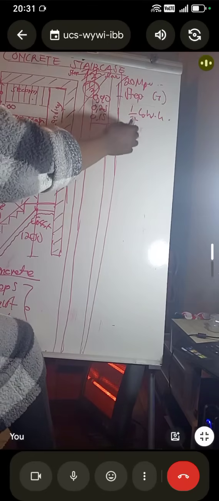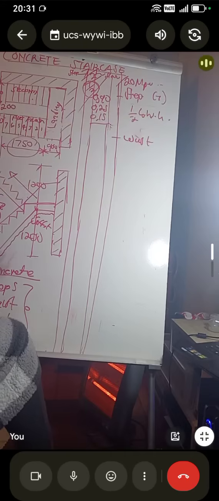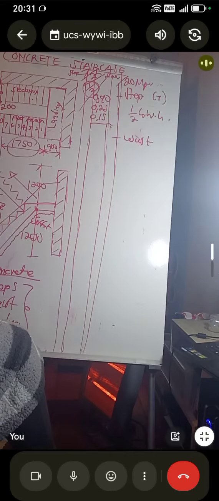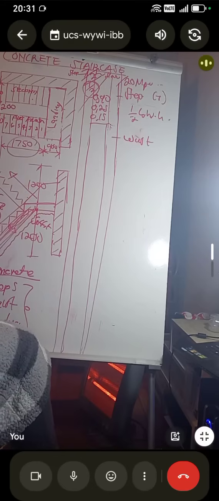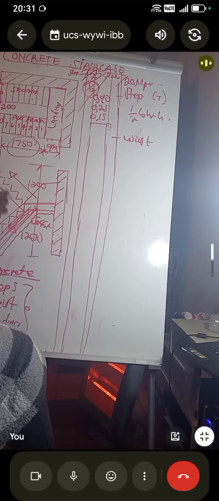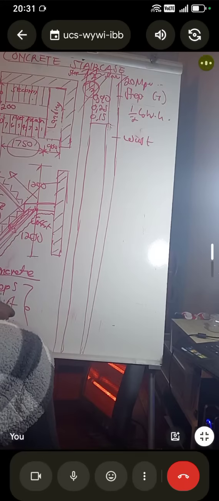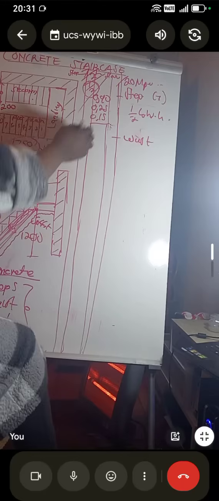You go for the what? For the waist. I've shown you the waist. The waist is this part here. If you have only one waist on the staircase, and we have 2 staircases here, that means we're going to have 2 of what? 2 of 900.